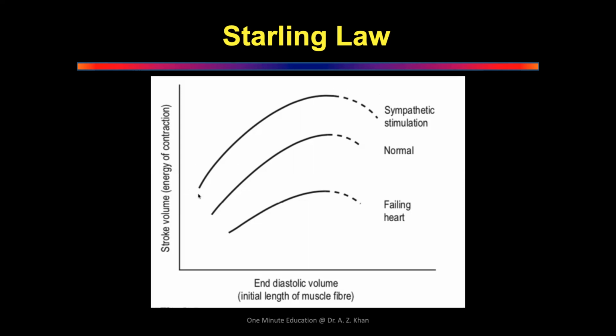With the same amount of stretch, when you stimulate the sympathetic stimulation of the heart using an inotrope, you are getting a higher stroke volume. Have you understood this concept? You're really getting a rapidly beating heart and fantastic contraction of the heart. Did this make sense? Yes or no?